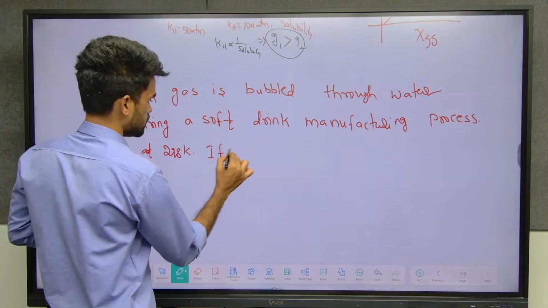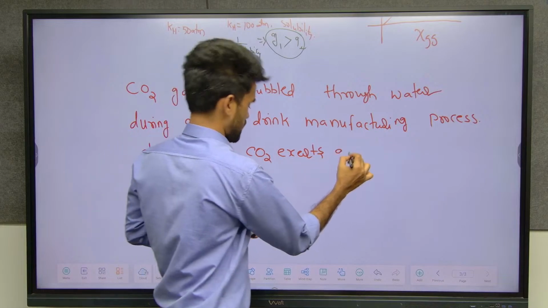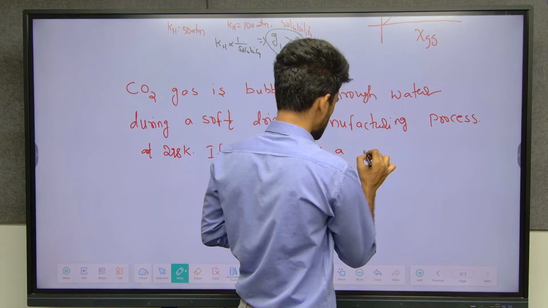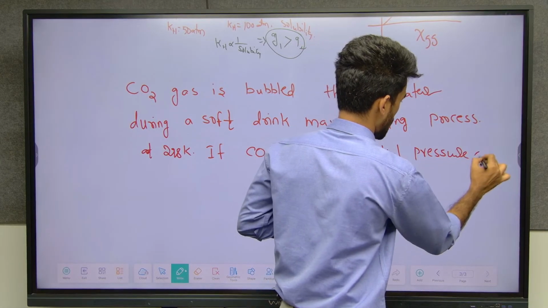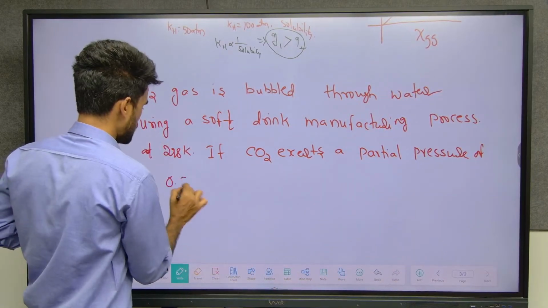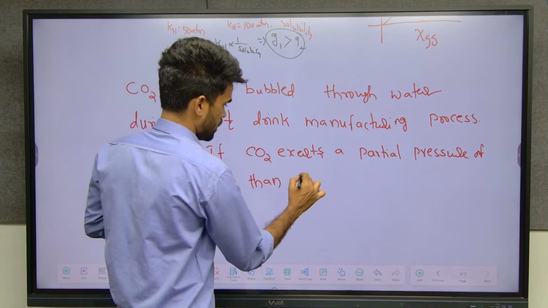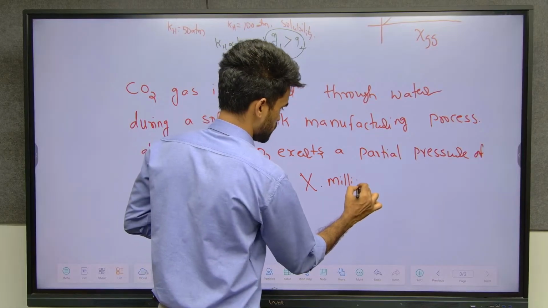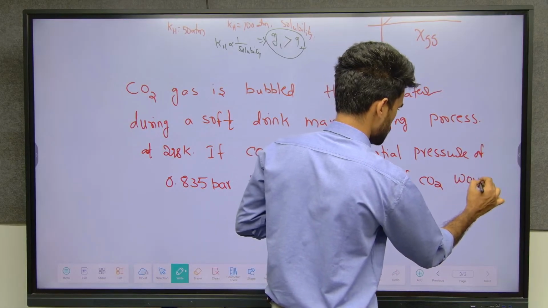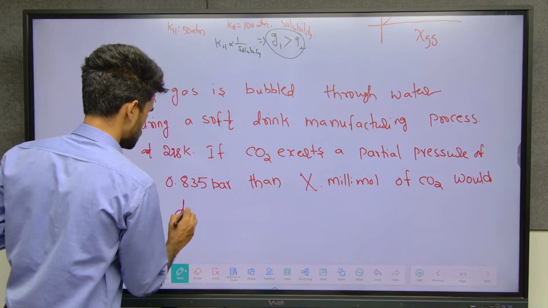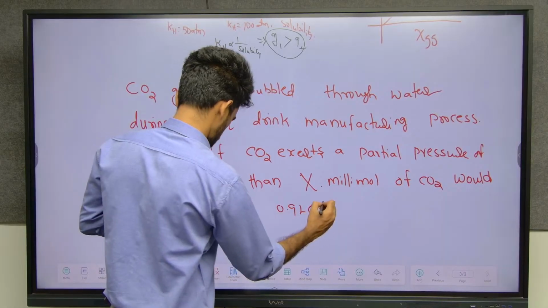If CO2 exerts a partial pressure of 0.835 bar, then X millimole of CO2 would dissolve in 0.9 liter of water.